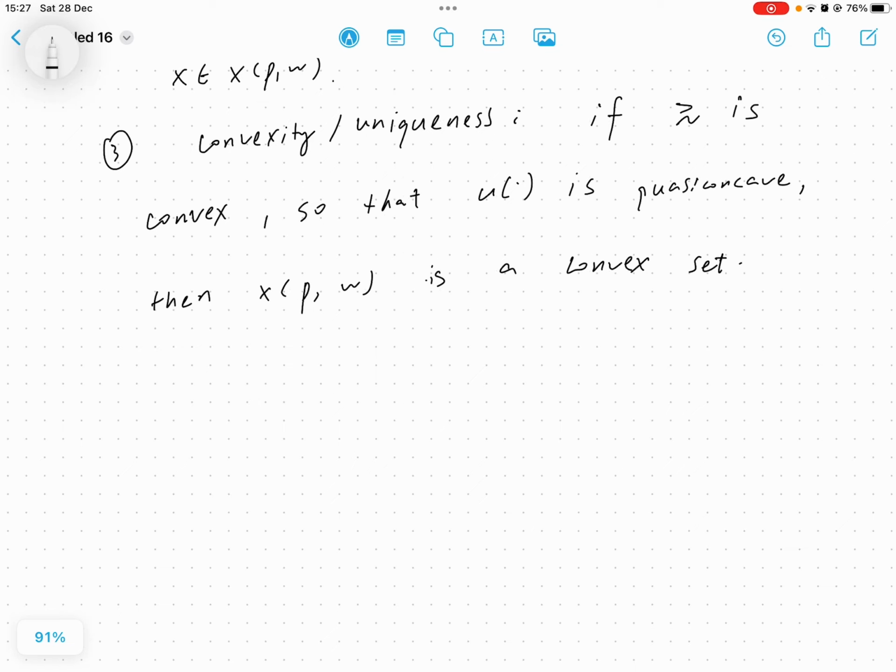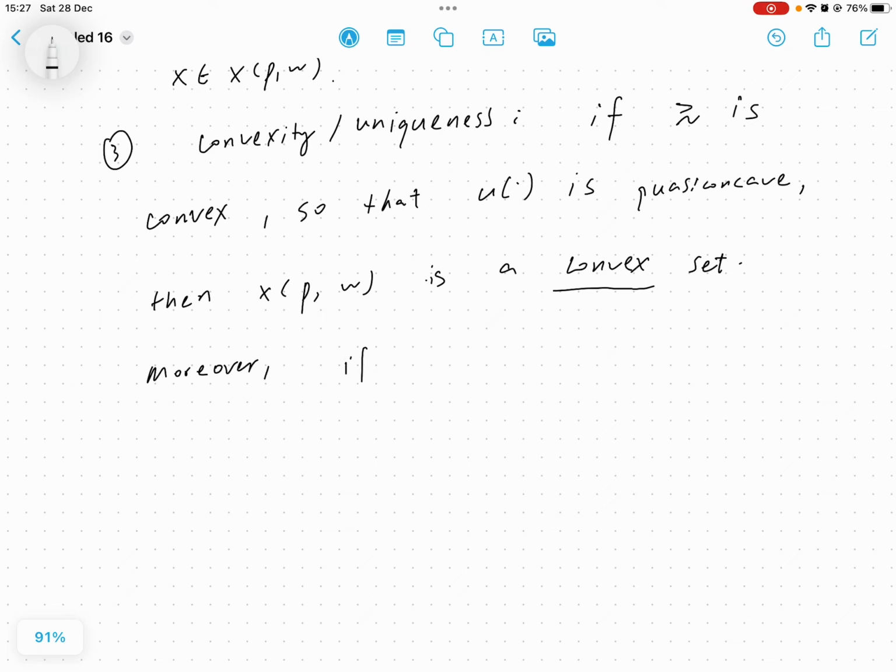Here, pay attention to this convex set. It is not a convex function. You have to consider this as a set rather than a function on reals.